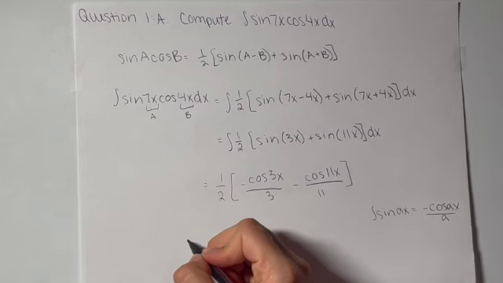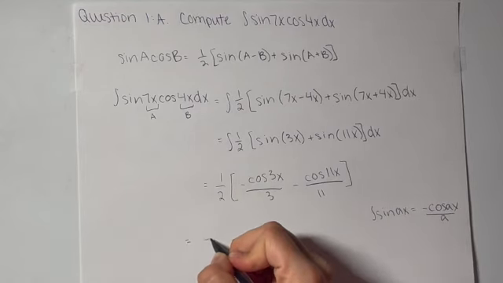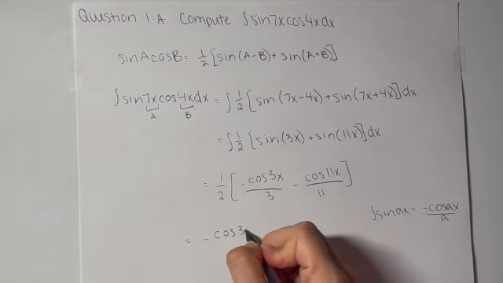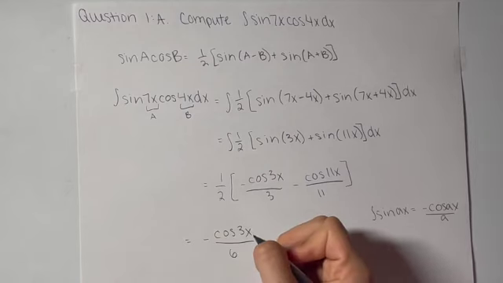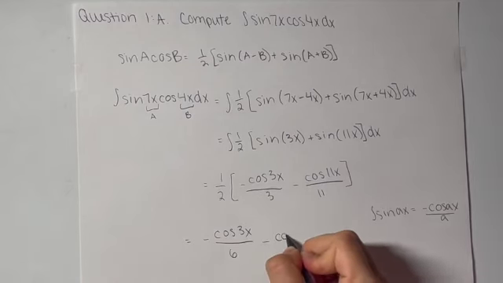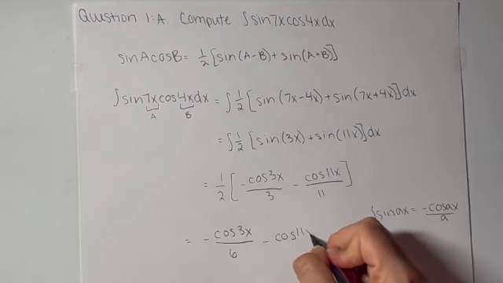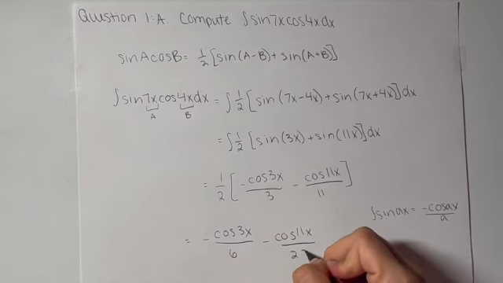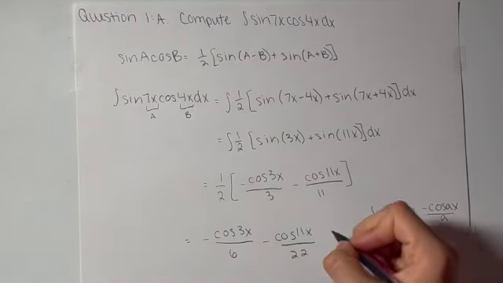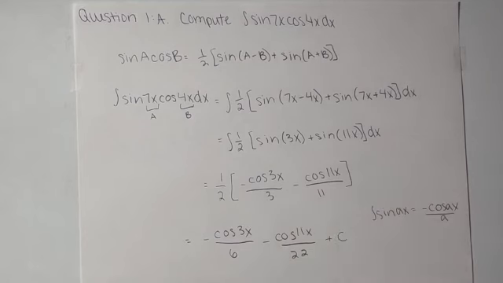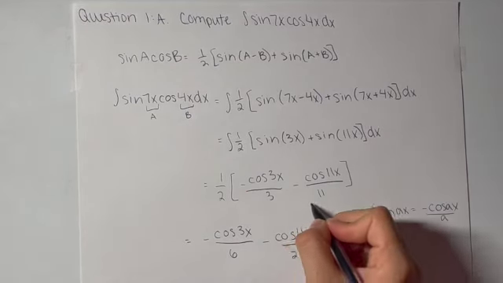Distributing the 1/2, we get negative cosine 3x over 6 minus cosine 11x over 22, plus our constant of integration, c. And that is our final answer.